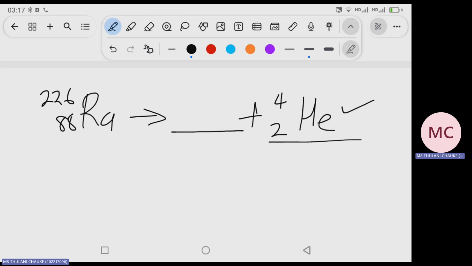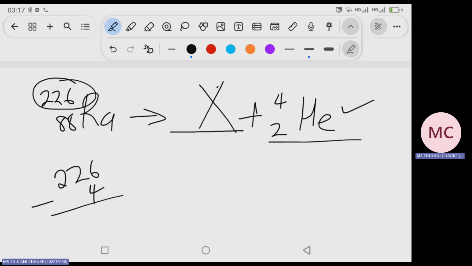And then they will ask you to find the elements that will be there. So what you can first do is put any variable, let's say x, and then you say I'm going to decrease this one by 4. So 226 minus 4 will be 222. Just put 222, and then this one is decreased by 2, it will be 86.